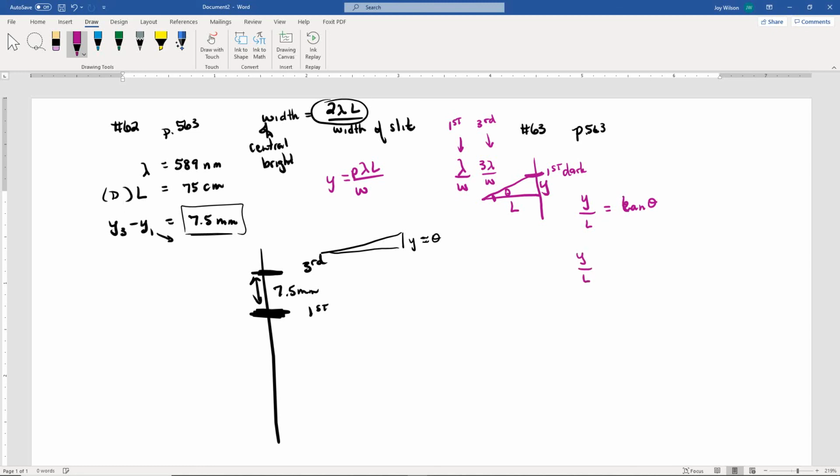So y over L equals, we're going to change out the tangent for p lambda, because the angle depends on which fringe. So you need the counter here. And then over that, you would have slit width. So this is our other equation for up and down the screen.